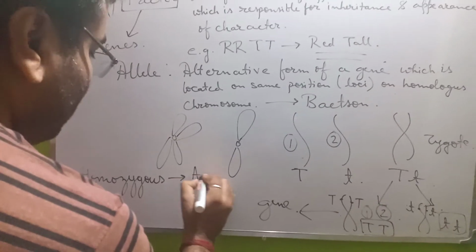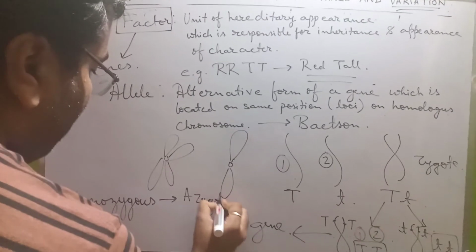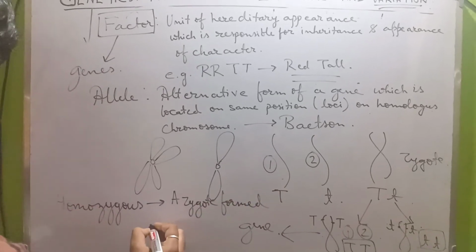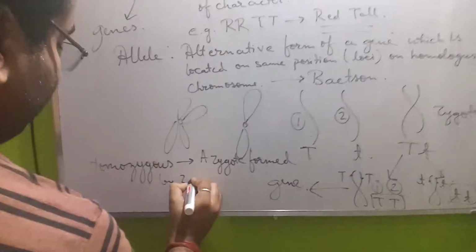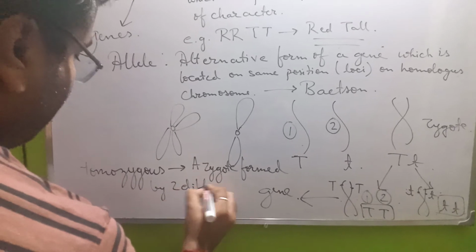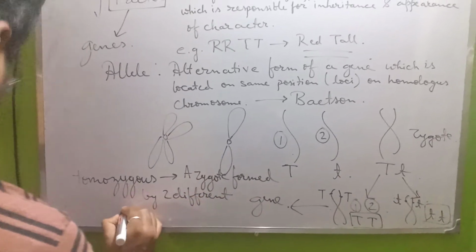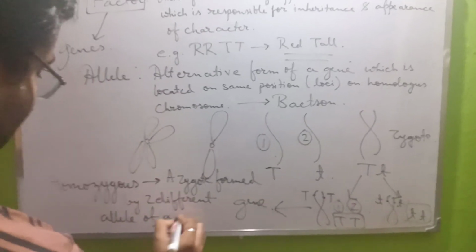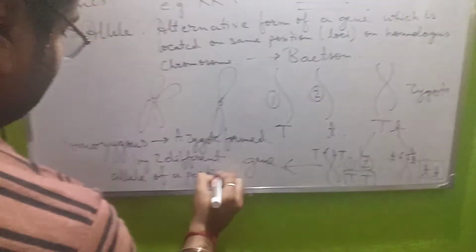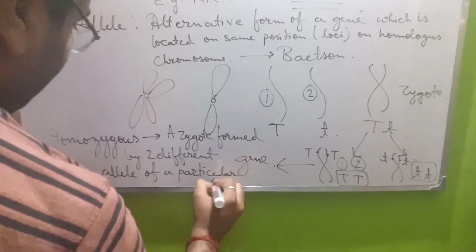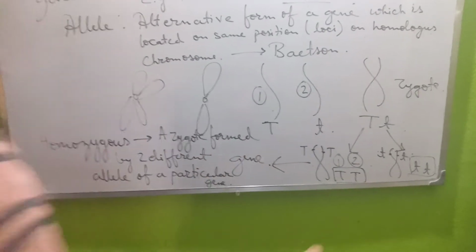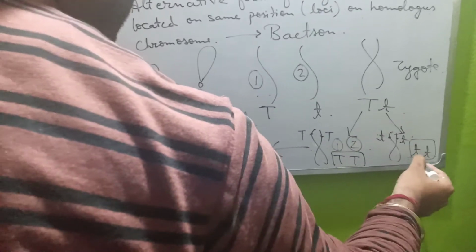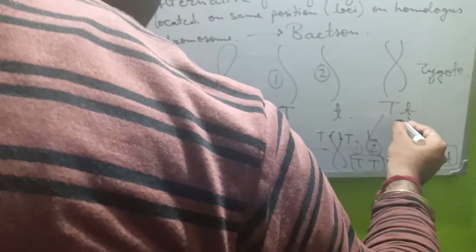A zygote formed by two identical alleles of a particular gene. Now, this is the allele which I have got from the father and this one I have got from the mother. These two combine to form a zygote.